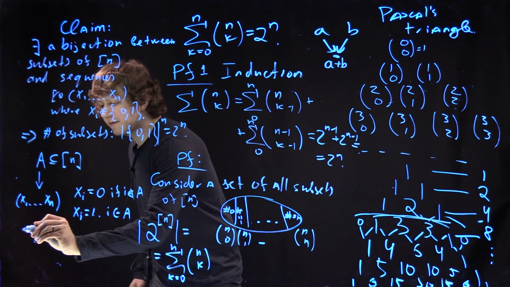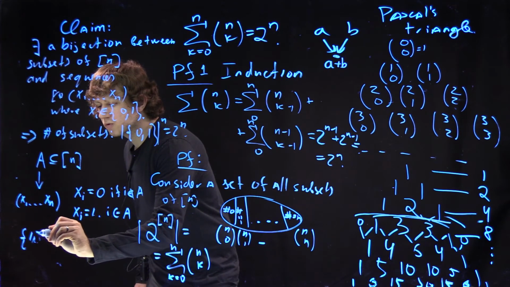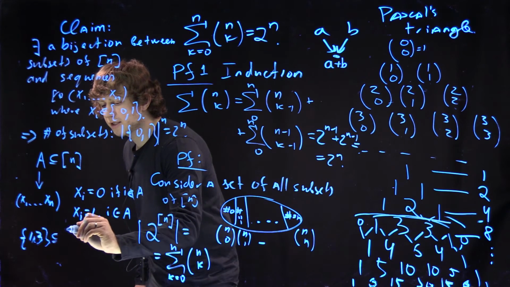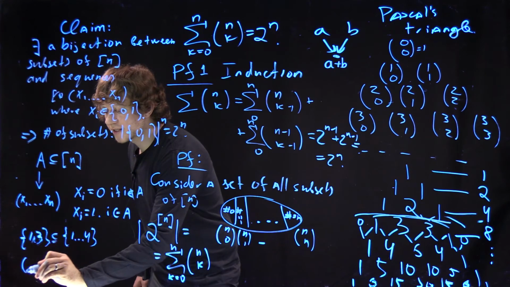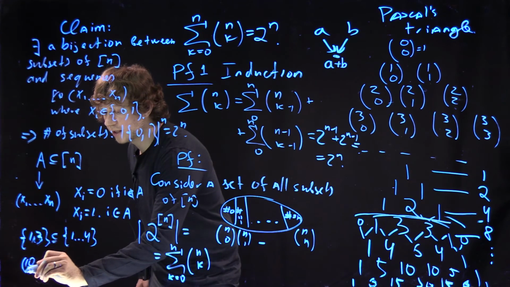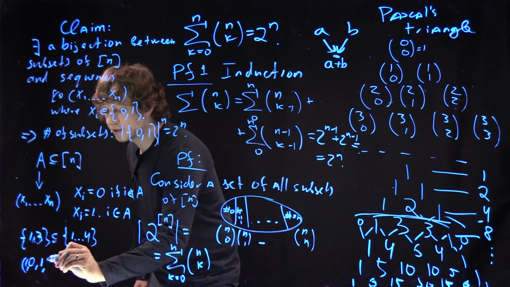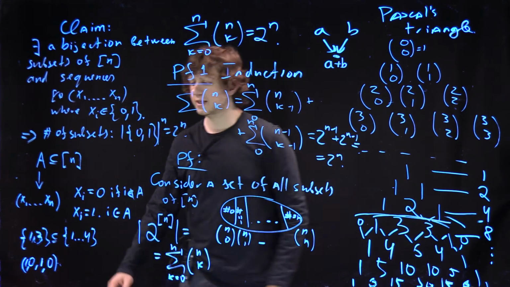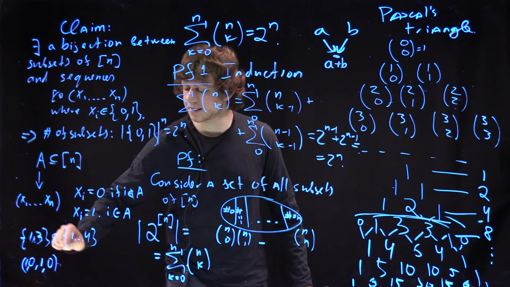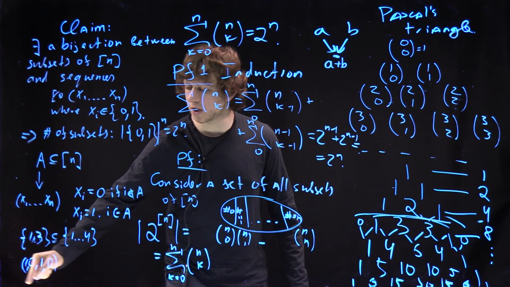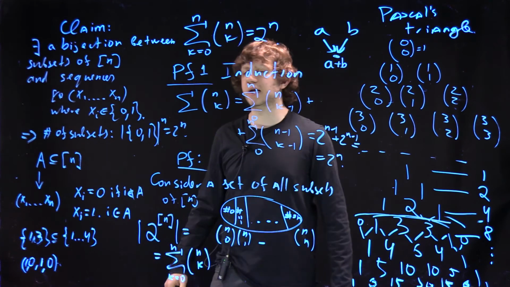For instance, if you have the subset {1, 3} inside {1, ..., 4}, we code it by the sequence 1, 0, 1, 0, because 1 is inside, 3 is inside, and 2 and 4 are not. So that's what our sequence looks like.